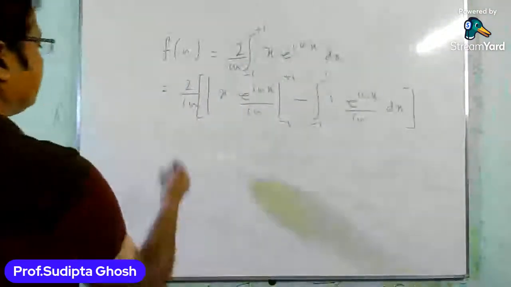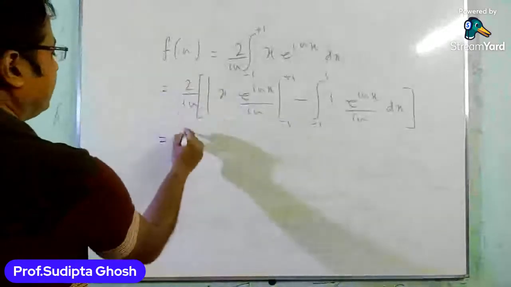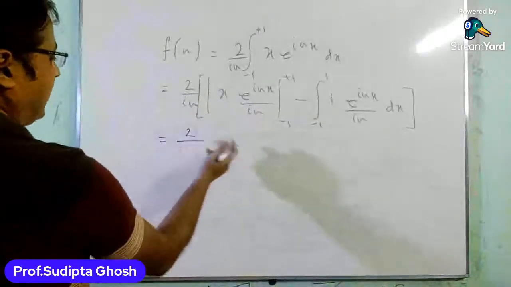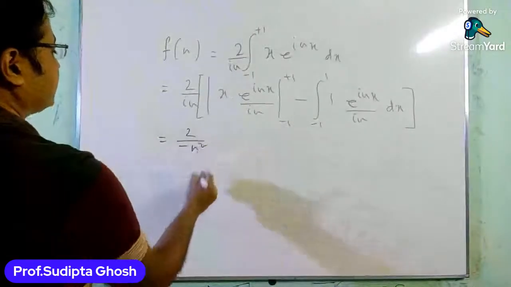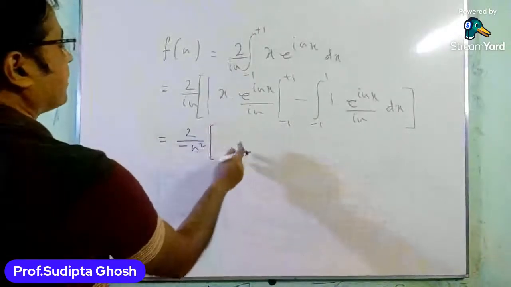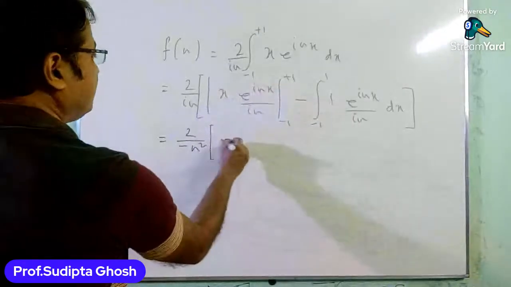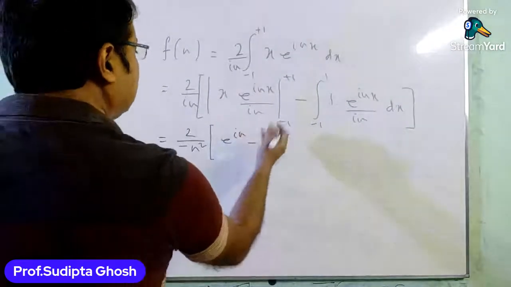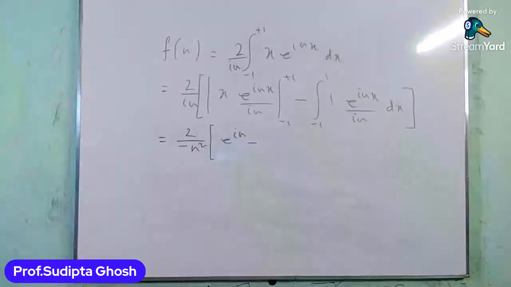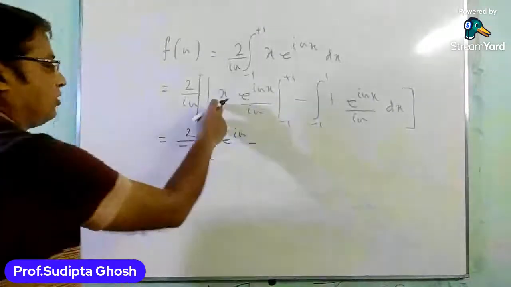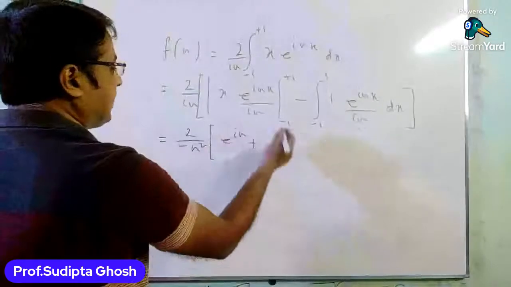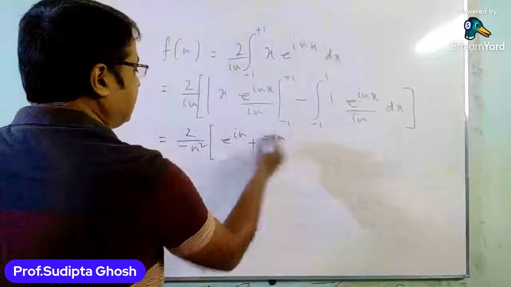So what I get, it will be 2 by i square n square, that is minus of n square, then x, that is e to the power i n minus of e to the power minus i n, and since this is here minus 1 also, so it will be e to the power i n plus e to the power minus i n.